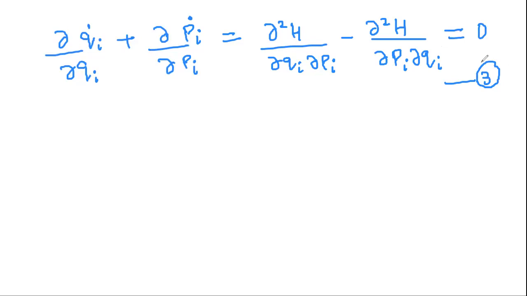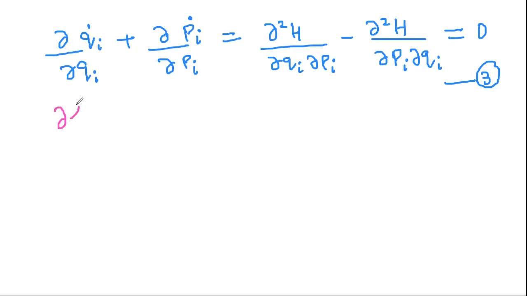Then we wrote it equal to 0 because the Hamiltonian is a state function. Then we wrote another equation 4. How we are getting these equations, I have already discussed in the previous lectures. I'm just listing these equations in order to move forward.